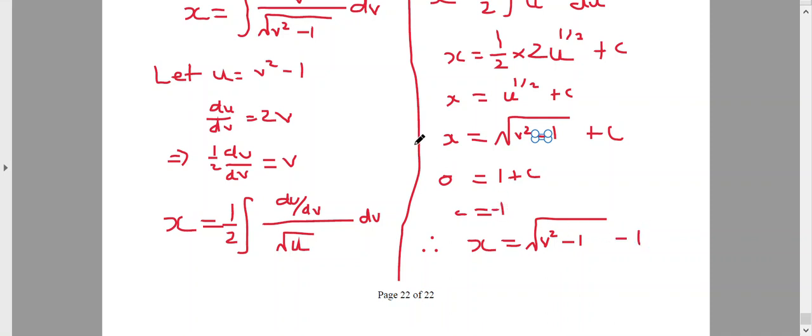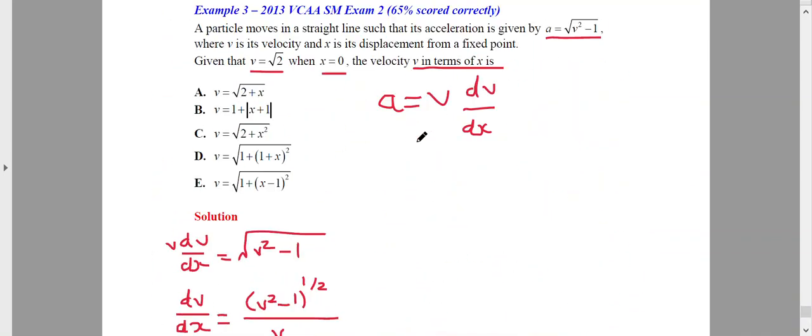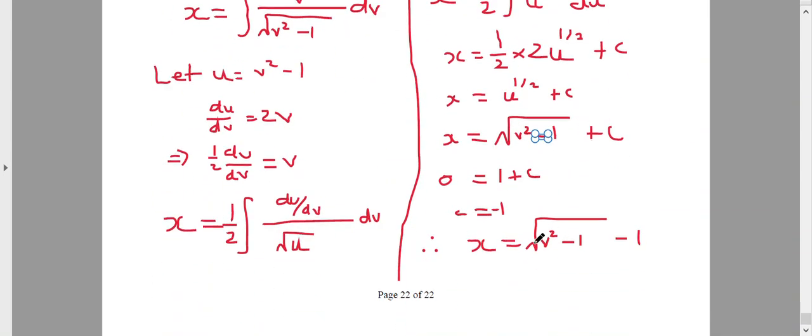But the question asks for what's the velocity in terms of x. So I now have to rearrange this equation for v. Okay, so let's think about that before we approach it. So we're going to add 1 to both sides, which will be x plus 1. Then I will need to get rid of the square root.